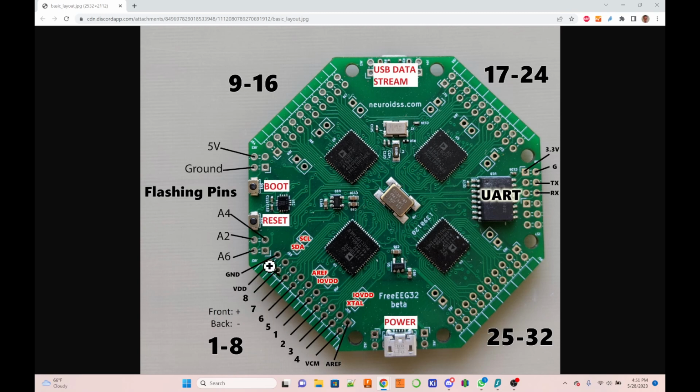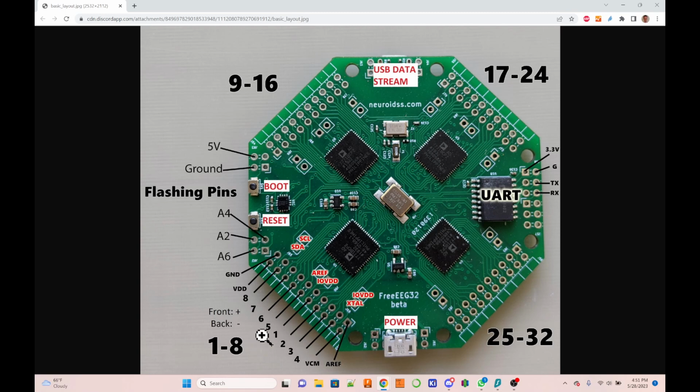All right, then here we have the first 8 channels, and I just discussed the positive and the negative terminal. The outer pins are the positive terminals, right? So here, right here, it says 1, 2, 3, 4, and then here 5, 6, 7, 8.